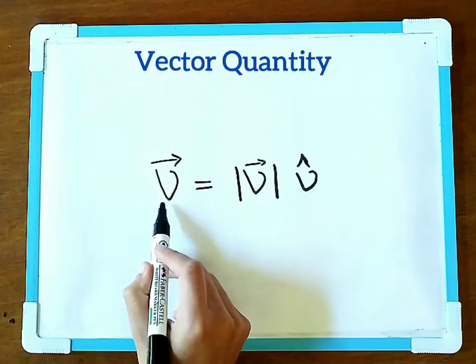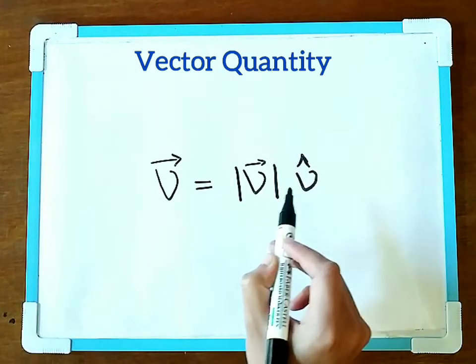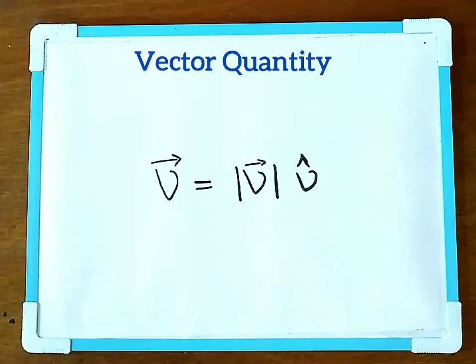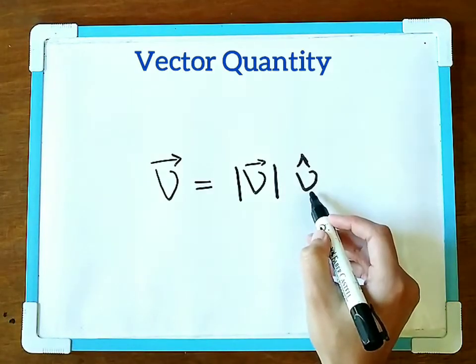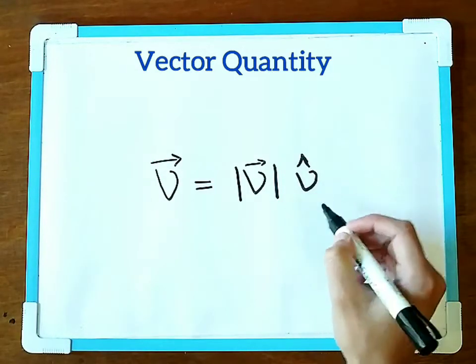So a vector has magnitude and direction. This is how you represent a vector quantity, where this is called a unit vector.